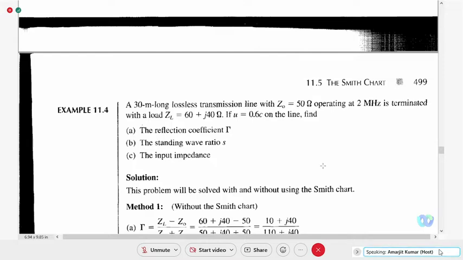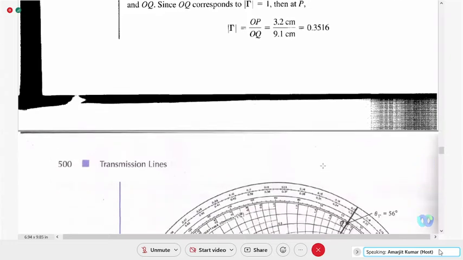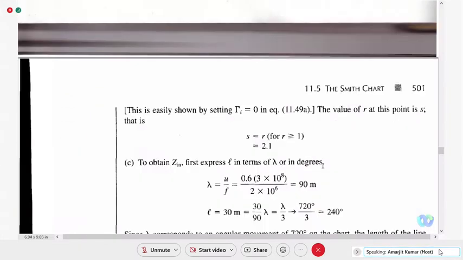Okay, what is lambda? Wavelength. Can you tell what is the wavelength? Length is 30 meter. It is given. So I want to calculate 30 meter corresponds to what fraction of the wavelength.